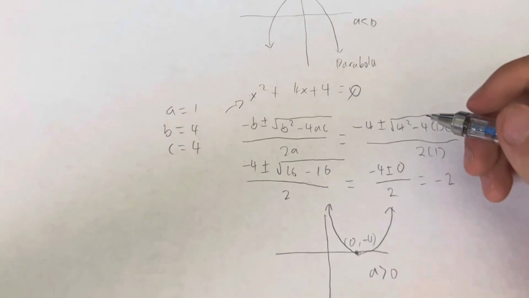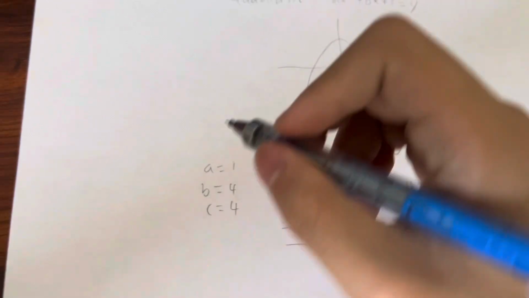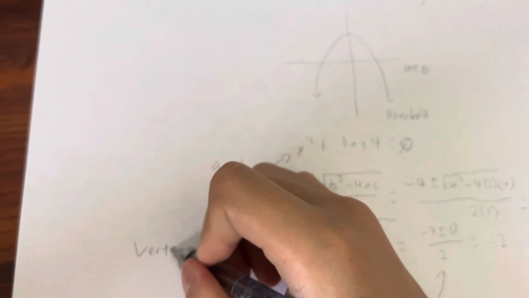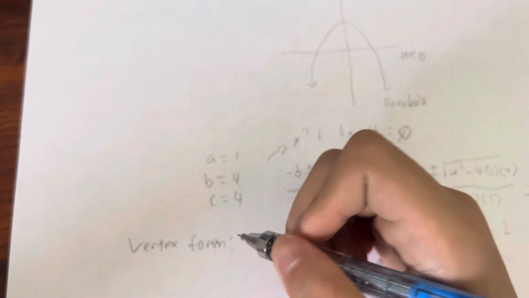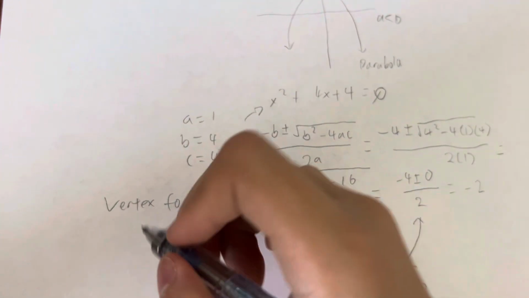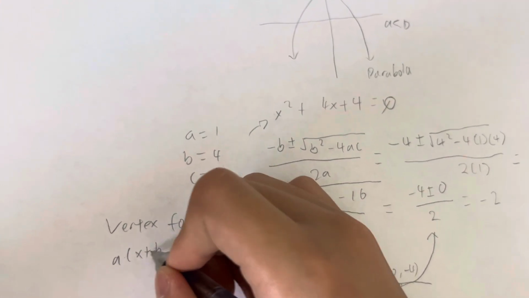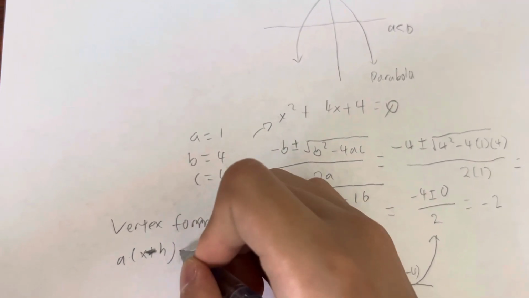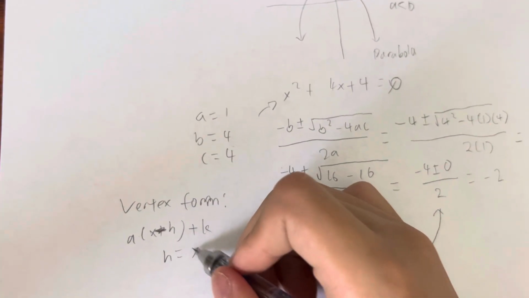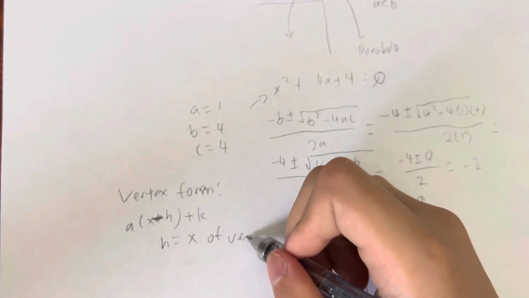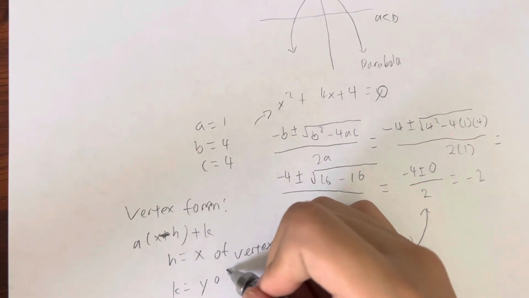Now the other quadratic equation form is the one right here. It's the vertex form, and this form is basically y equals a times x minus h squared plus k, with h equal to the x of the vertex and k the y of the vertex.